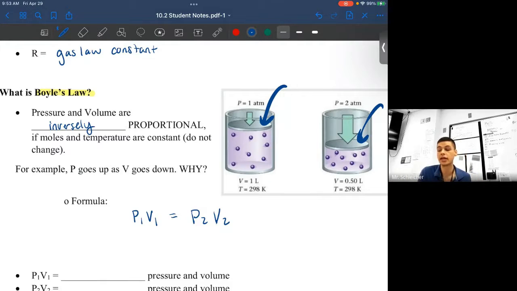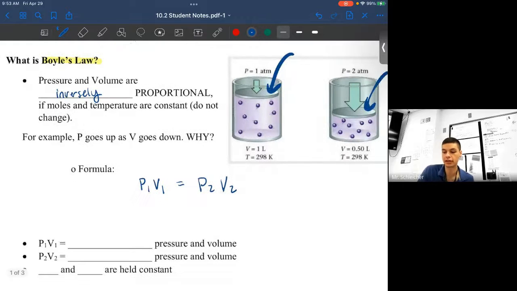Did we change the pressure? We will have changed something. So we can say initial, what is it at first? And then final, what is it in the end? And then whenever we're looking at Boyle's law, we're going to say that temperature and number of moles of gas are held constant. We're not changing those. We're just changing 2 things at a time here.